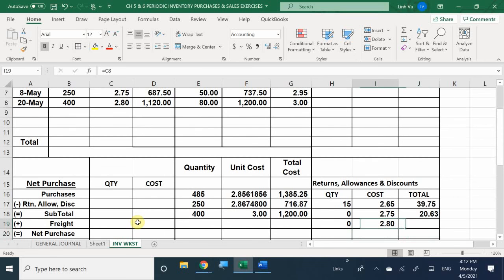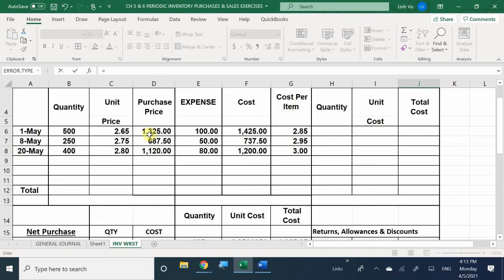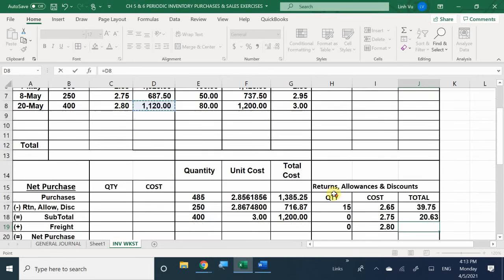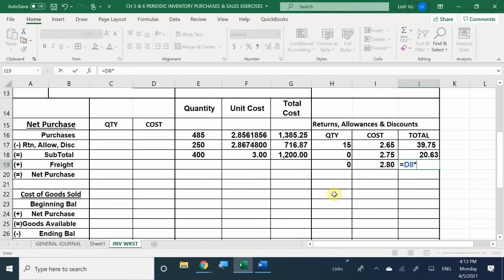So here, you can calculate the discount off of the total amount. So we have a total of $1,120, right? And we're gonna get a 10% discount off of that. So what is that? Oh, I'm sorry, 5%. My bad, 5% discount. So what's 5%? $56. Okay, that's our discount off of that 400.